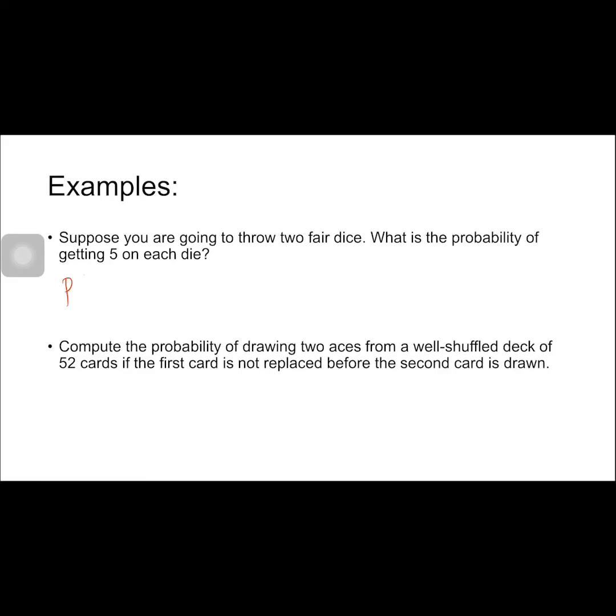It means that they are independent events. So the probability of getting 5 on both dice is equal to the probability of getting 5 on the first die, 1 over 6, times the probability of getting 5 on the second die, that is also 1 over 6. So that is 1 over 36.